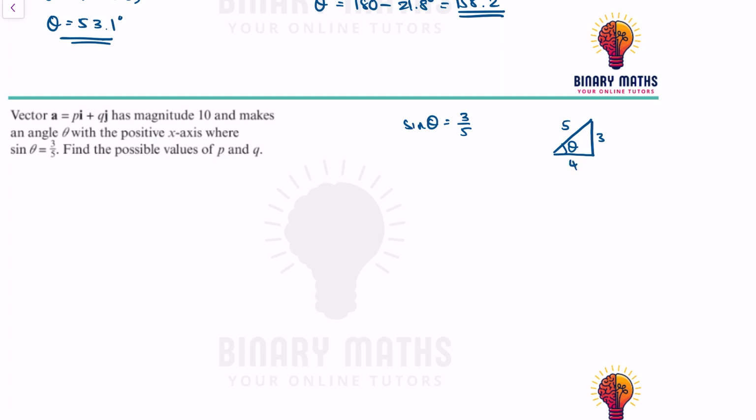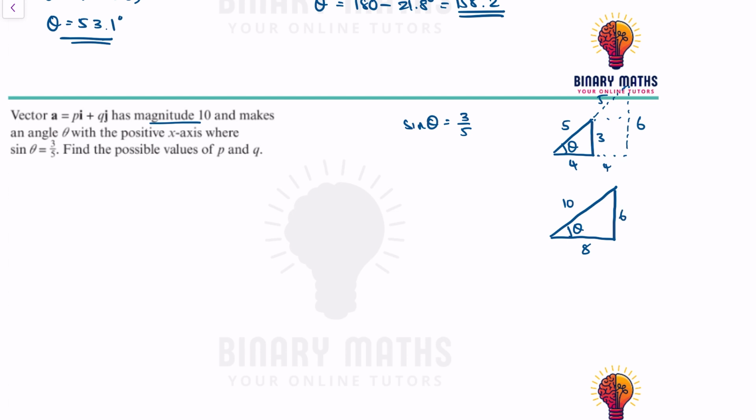Now we know that the magnitude is not 5. Magnitude is 10. So what we need to do is double all our values. So if we double here, that becomes 6. That is also 4, so 8. So what we have is this triangle in front of us: 8, 10, and 6.